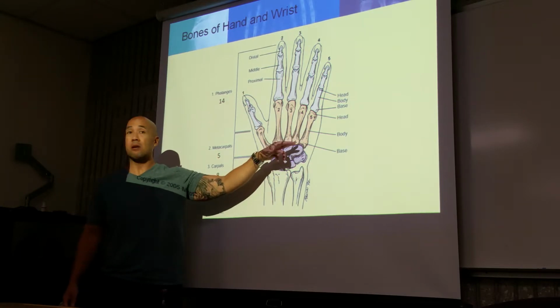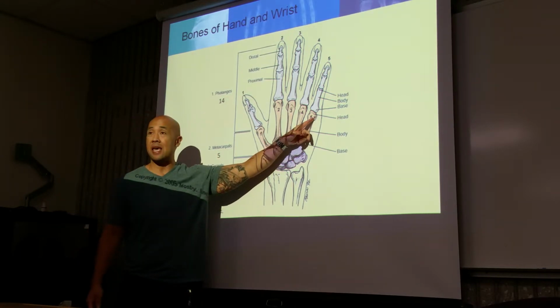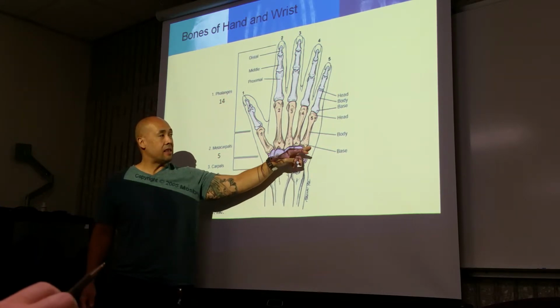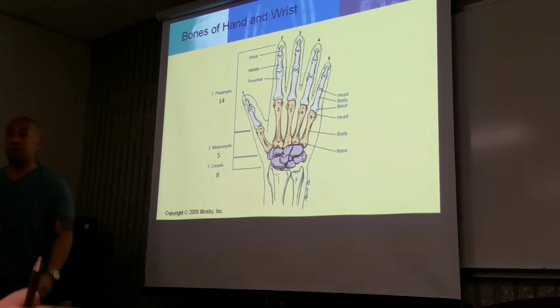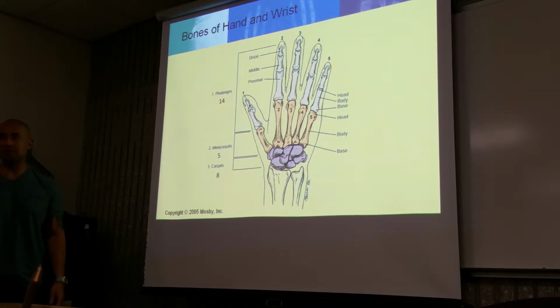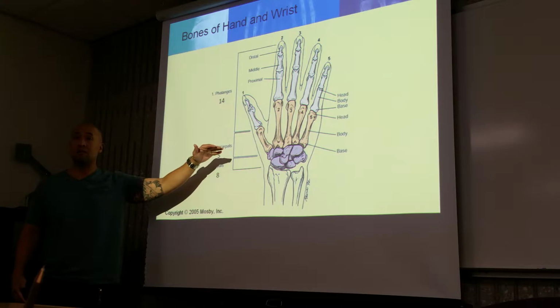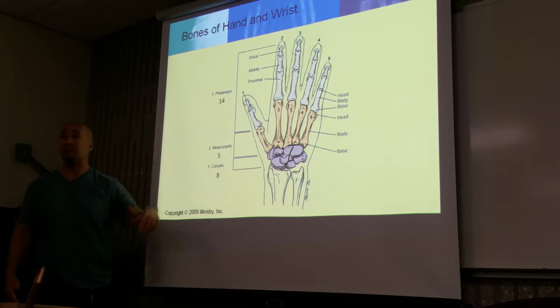Same thing applies to the metacarpal bones, okay? So it also has a head, which is distal, middle is the body or shaft, and then the base is the most proximal portion of the metacarpal, okay? I think I forgot to mention that earlier. But the anatomy is the same in location. Head, body, base. Head, body, base.